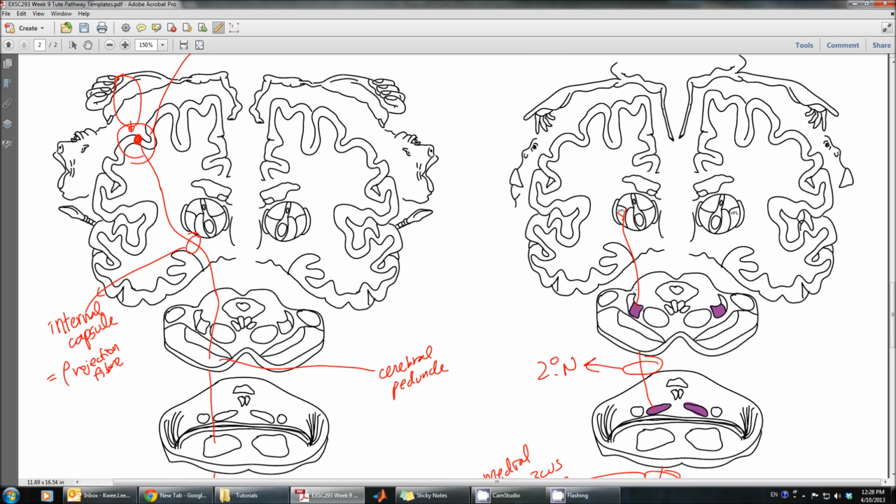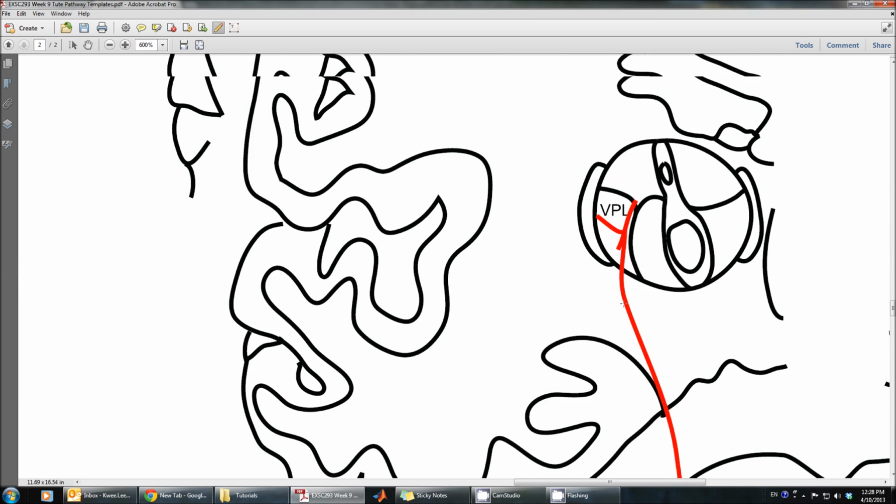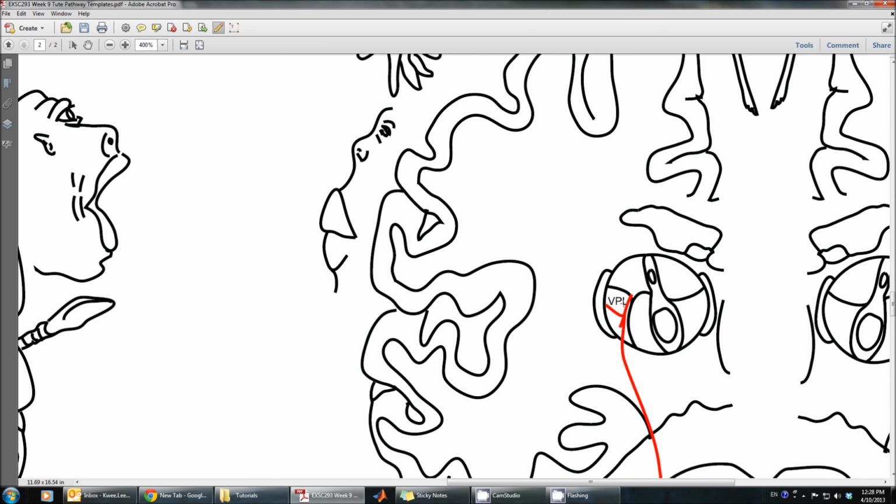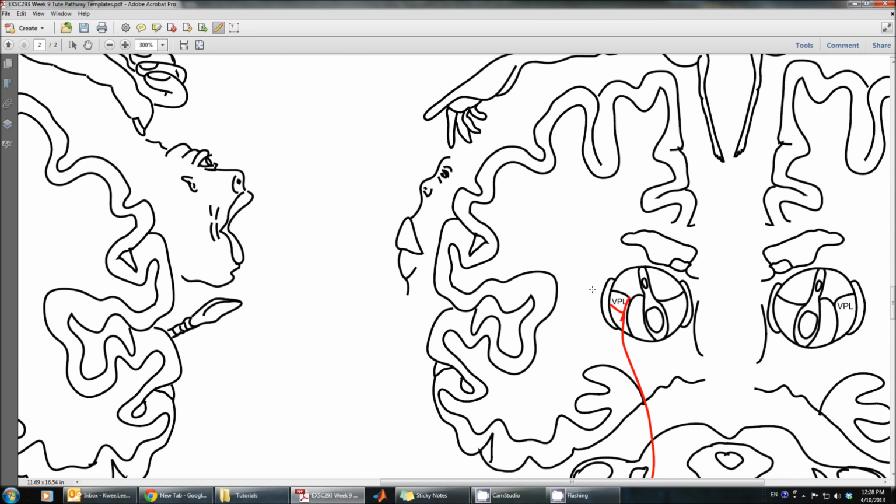And our third order neuron is from VPL thalamus to the sensory homunculus of the fingertip. So it's straightforward. Soma is found in the VPL, goes to the fingertip area. And that's our third order neuron. And the cell body of the third order neuron is found in the VPL nucleus of the thalamus.